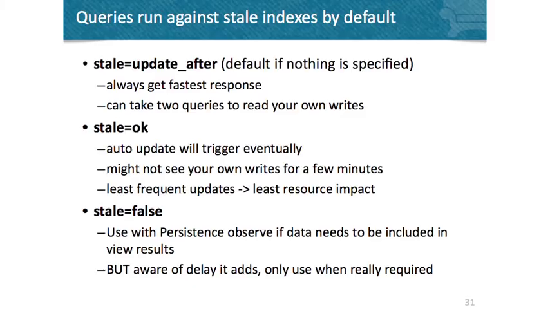You've got to observe that write until it gets to disk, because the views all operate at the disk layer. And then once that write is on disk, you go and query the view using stale false. So you're hitting these disk latencies on both ends, and for certain use cases, that's not acceptable as performance. But for other use cases, it's exactly what you need.